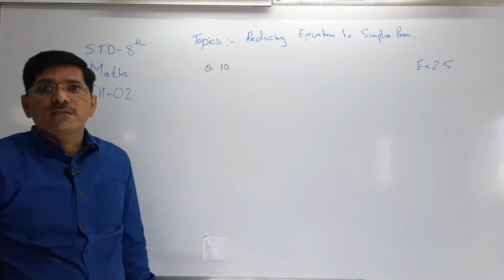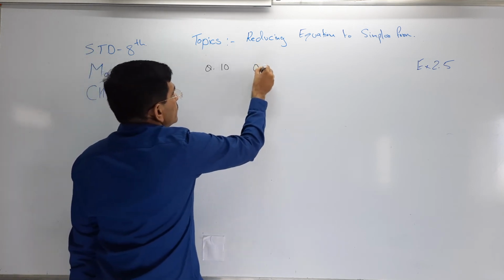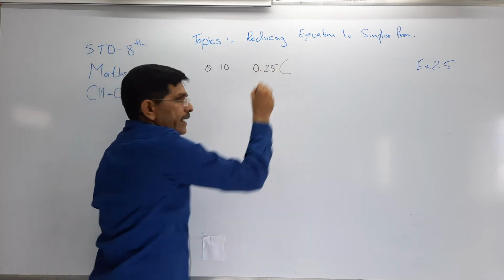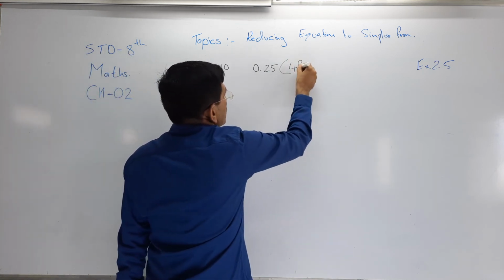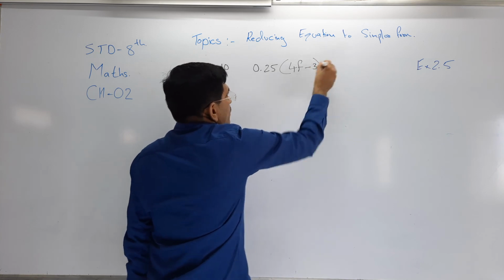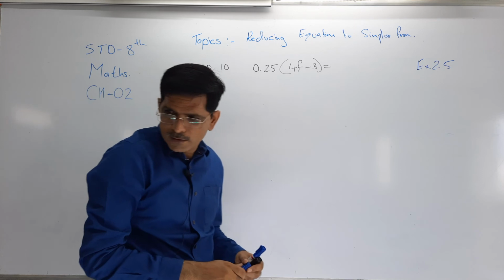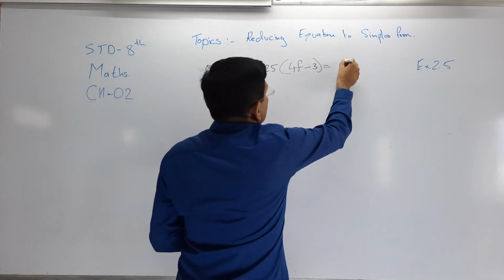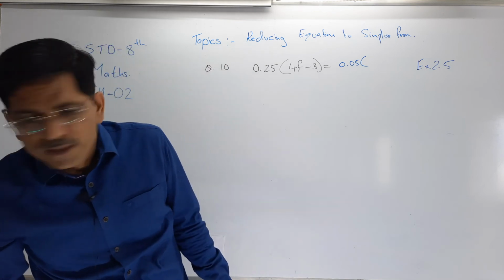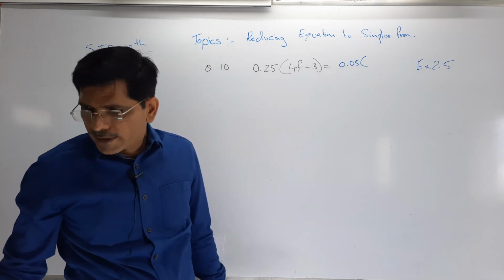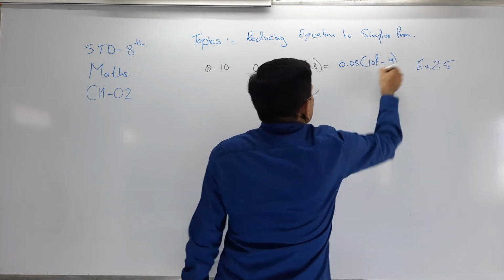Now it is a point wise sum, that is 0.25 in bracket 4f minus 3, 0.05 in bracket is equal to 10f minus 9.